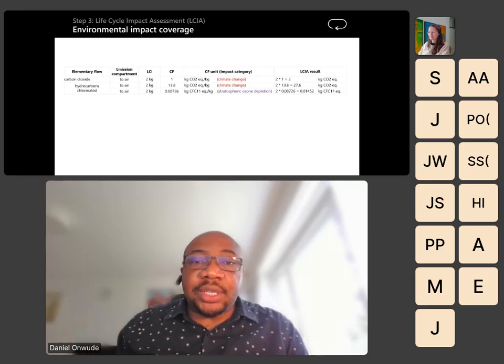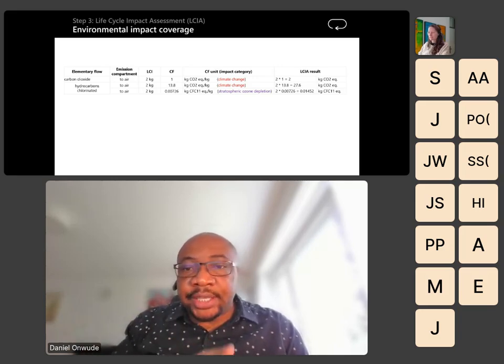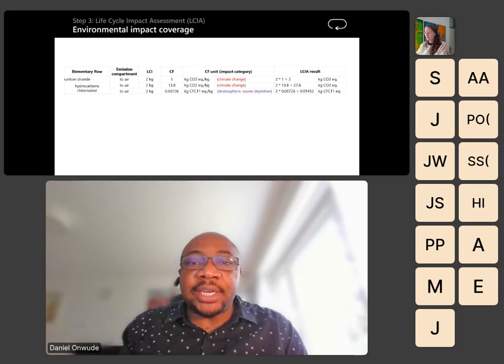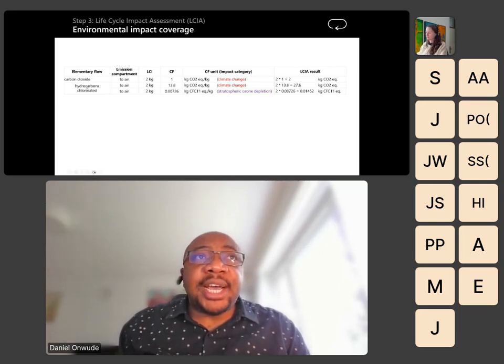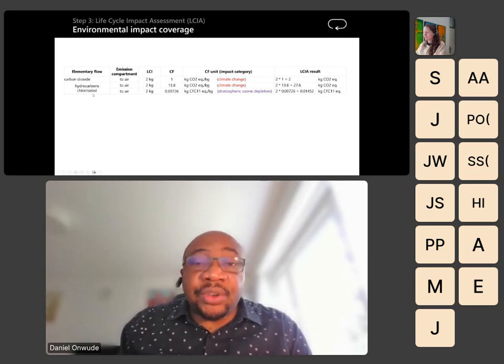Now, on your screen, you see a simple calculation on how we can calculate the environmental impact in the life cycle assessment phase. Here, you have the elementary flow, which is the carbon dioxide, or in this other example is the hydrocarbon chlorinated.